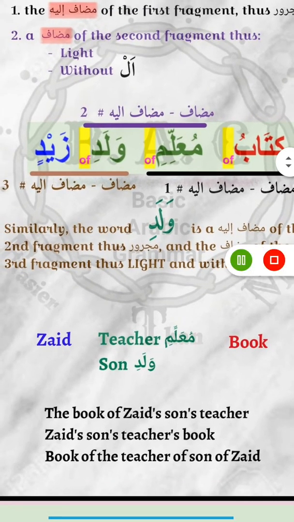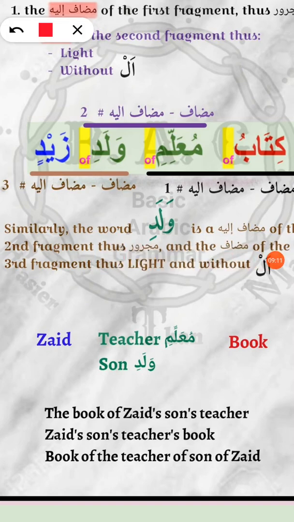So we have Kitabu Muallimi Waladi Zaidin. What's happening here? First of all, start small. Kitabu Muallimi. This Muallimi gives it away. How? This is jar, and if it is jar, of course the word behind it is light as well as without al. It has to be Muzaaf Ilaih fragment number 1, and that's what it is.